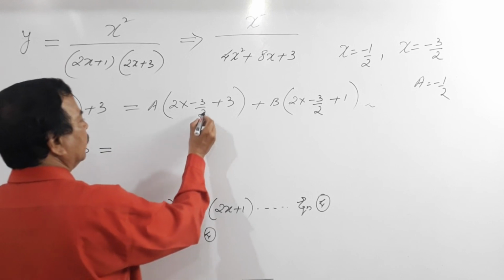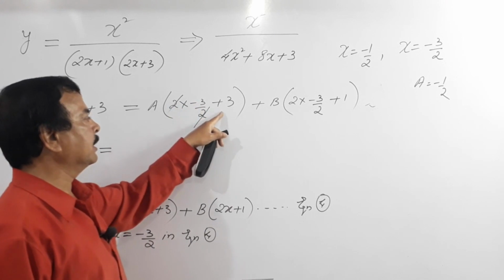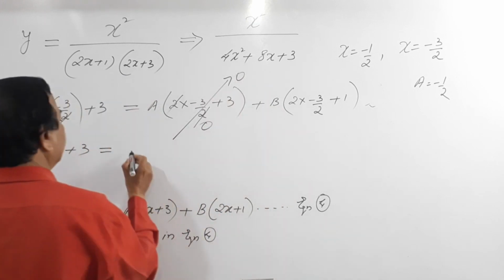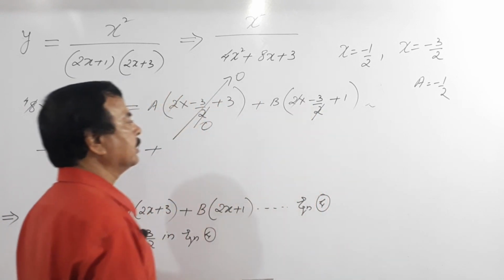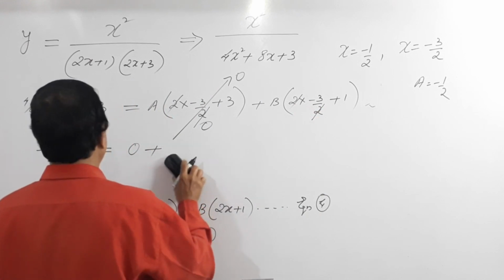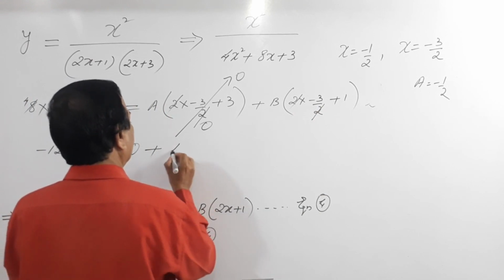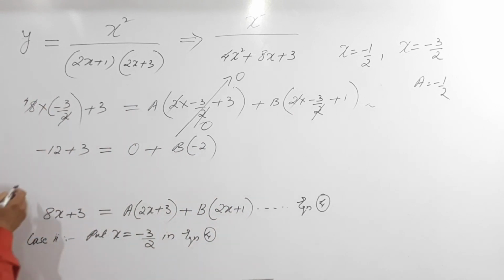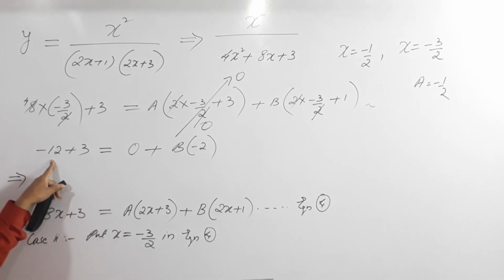Here, this 2 and this 2 cancel. So I am left with 3. 1 into 3 is 3. Minus 3 plus 3 is 0. So this is 0. So the entire thing becomes 0. So this is 0 plus, here 2 cancels, 2 cancels. So minus 3 plus 1, so minus 2. This is b into minus 2. So this is nothing but what? Minus 12 plus 3.